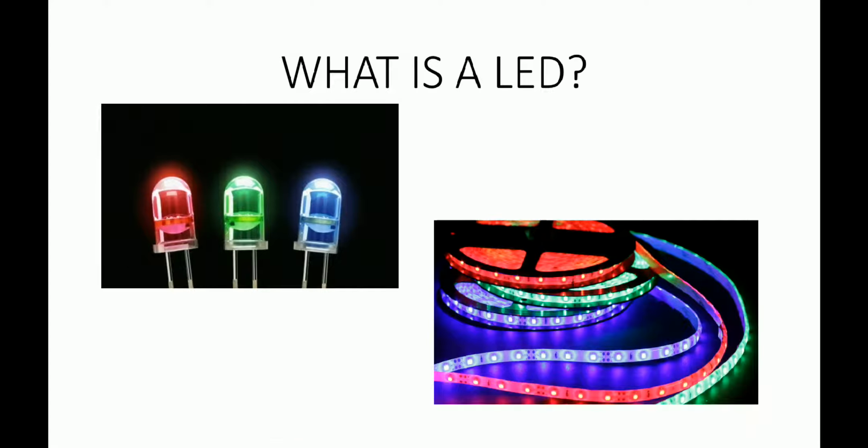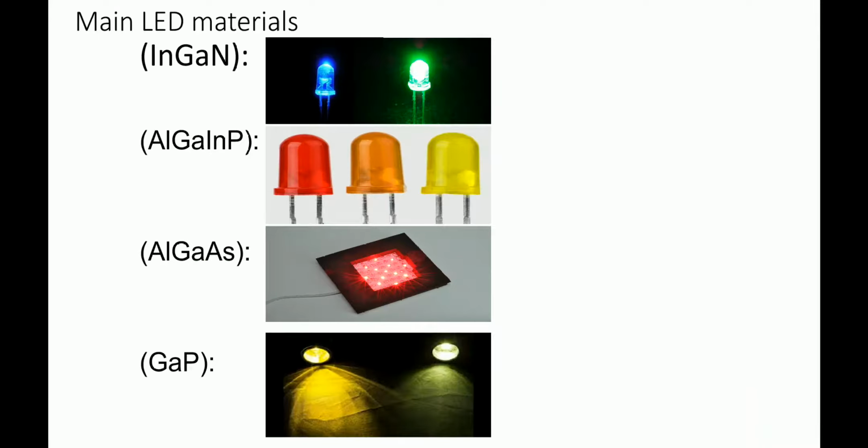LEDs are comprised of compound semiconductor materials which are made up of elements from group 3 and group 5 of the periodic table. The main semiconductor materials used to manufacture LEDs are: first, indium gallium nitride, which is used for the manufacture of blue, green and ultraviolet high brightness LEDs.